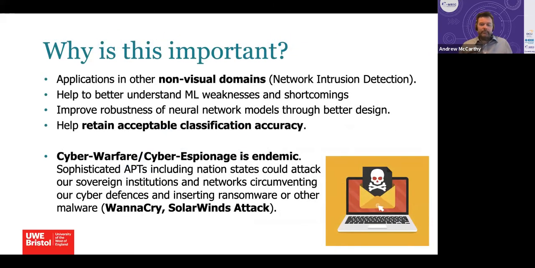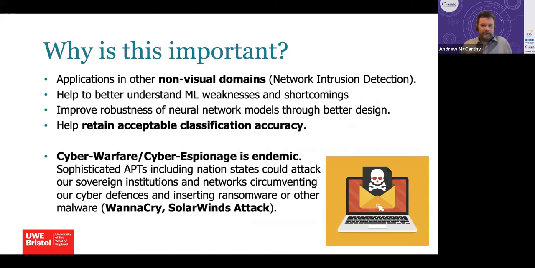So why is this important? I think the implications in image recognition are clear. If you can fool a classifier into thinking an image of a panda is that of a gibbon, then that's far from ideal. There are other applications in non-visual domains where this is also applicable.